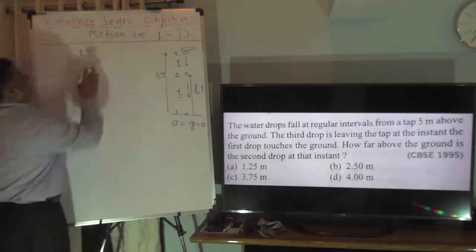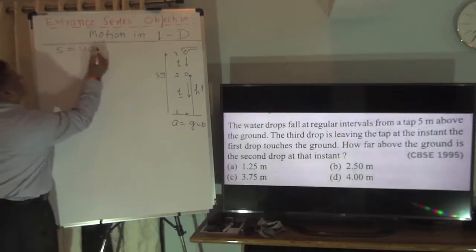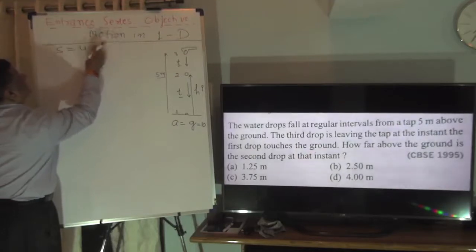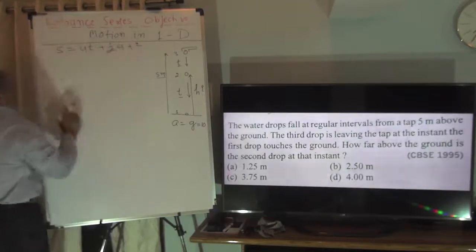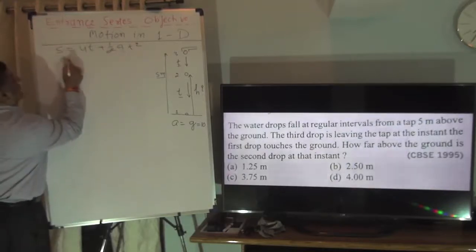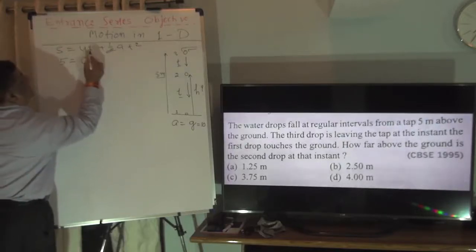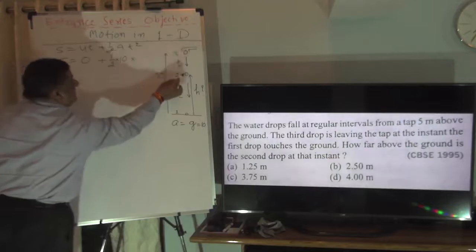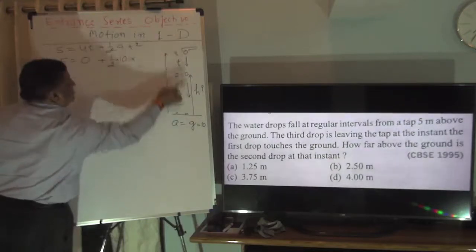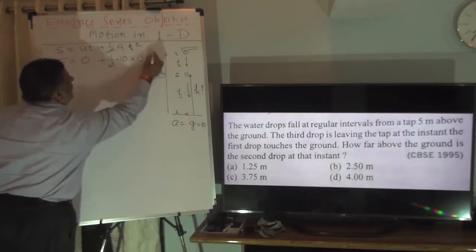S is equal to ut plus half at square. Here S is equal to 5, u for the drop is 0, plus half, acceleration is 10, and the time is 2t, so this is 2t square.